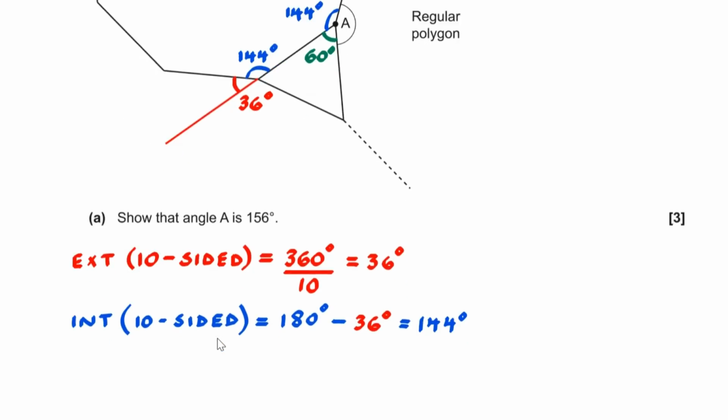And then we can find out the value of the angle A, recognizing that the sum of the angles around a point equal 360. We would have 360 degrees, subtract this 144 degrees, subtract the 60 degrees.